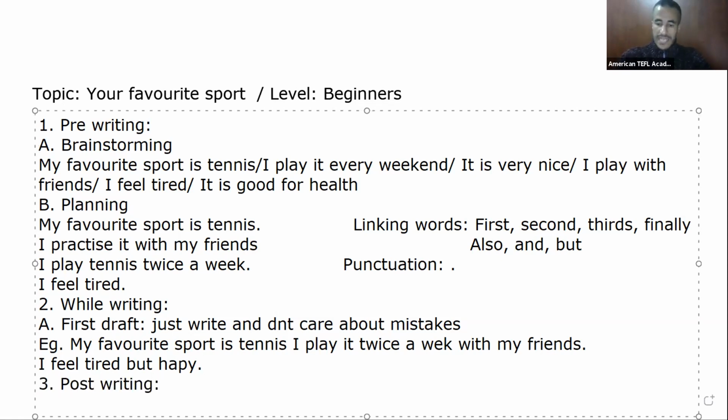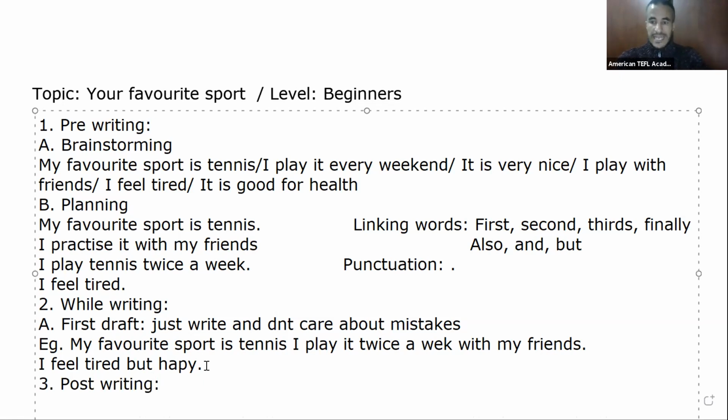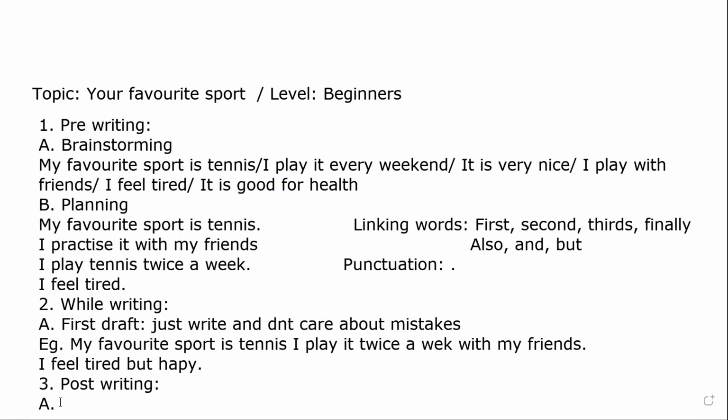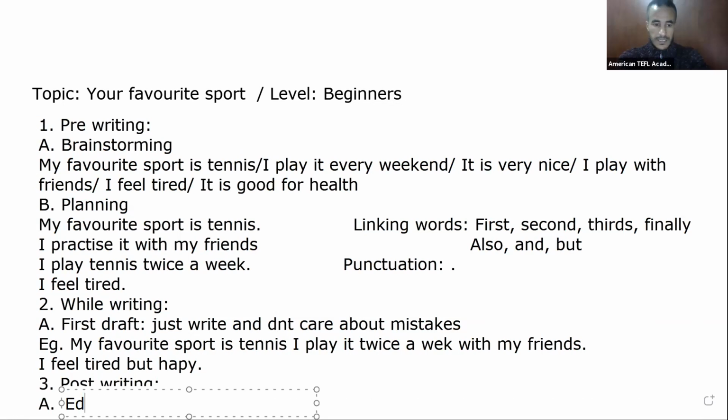And in the post-writing, what do they have to do? We have A, it's editing. Edit. Very good. Editing and proofreading. Now they have to correct. To correct what? Look here. So they can correct what?